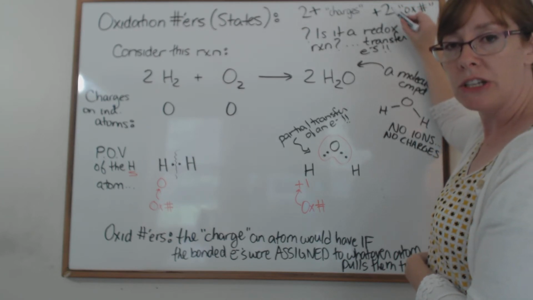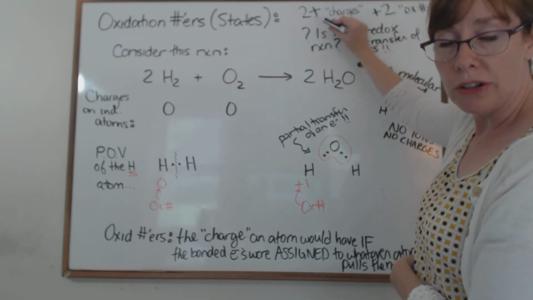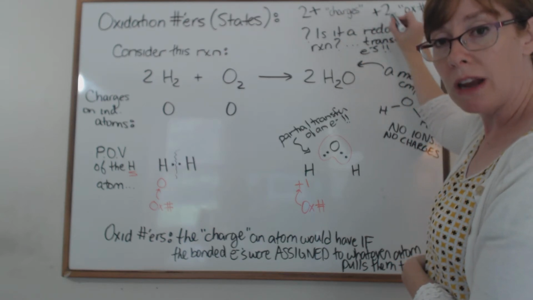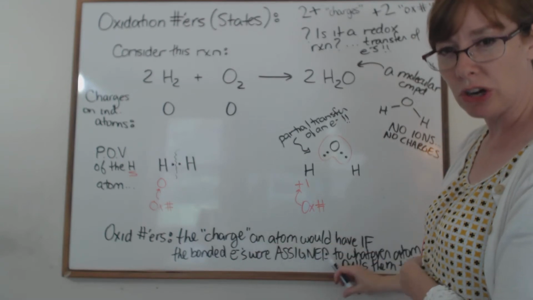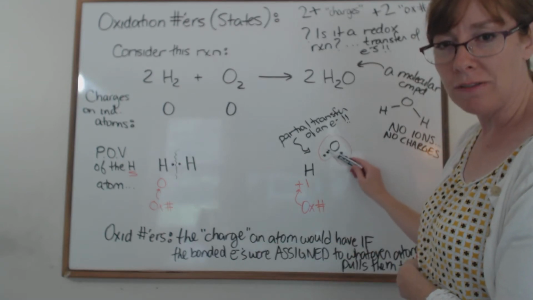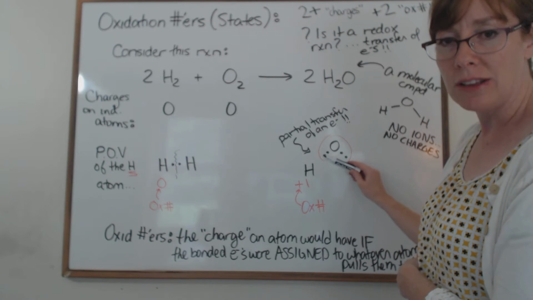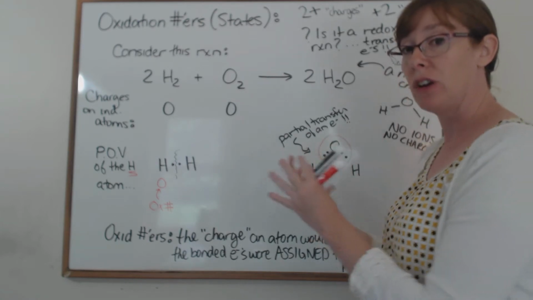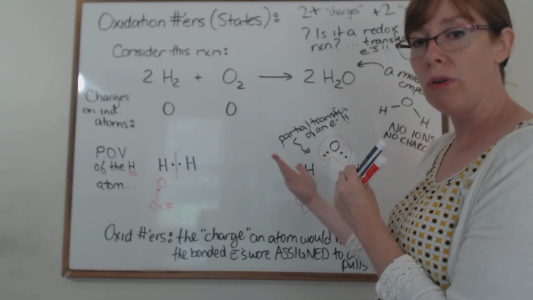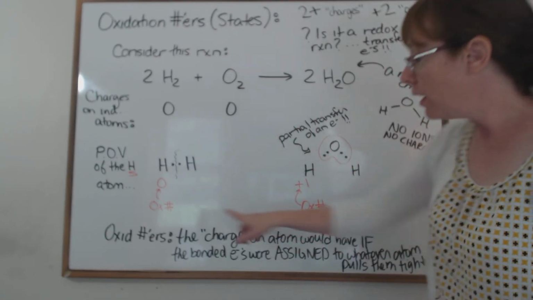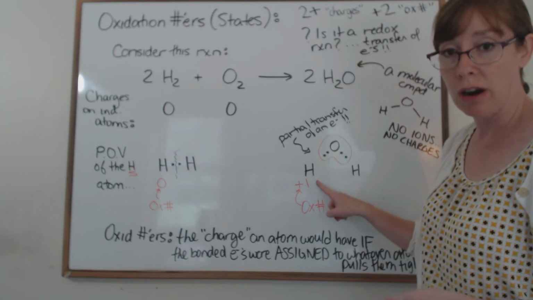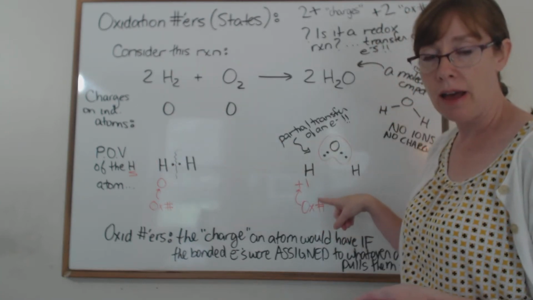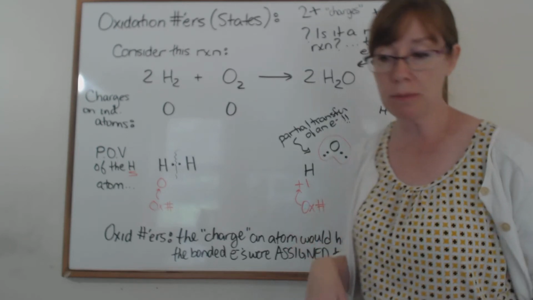It's just a way to differentiate a real charge, like on an ion, from an oxidation number, which is just a hypothetical charge. Because it's not really that the oxygen fully takes this electron, we just give it to him. It's a way for scientists to track where the electrons are moving, even if they don't move all the way to the other atom. So that's what the oxidation numbers are. In H2, it's a 0. In water, the hydrogen has a +1.